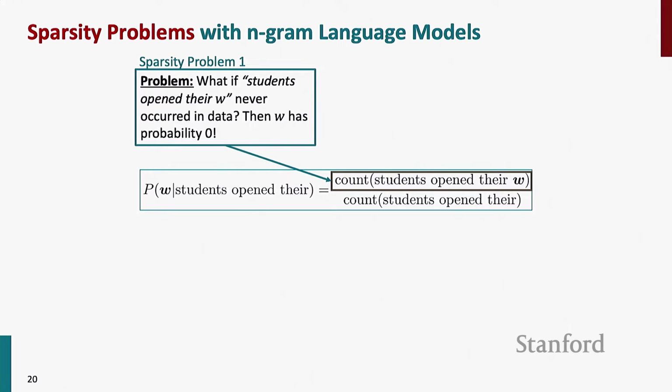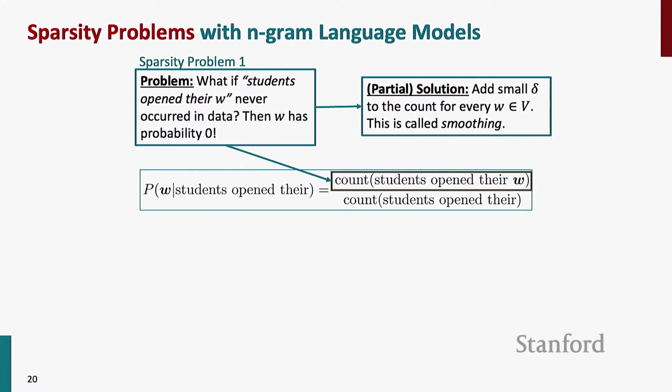And that tends to be an especially bad thing to do with probabilities, because once we have a probability estimate of 0, any computations that we do that involve that will instantly go to 0. So we have to deal with some of these problems. For that sparsity problem, where the word never occurred in the numerator and so we get a probability estimate of 0, the way that was dealt with was that people just hacked the counts a little to make them non-zero.